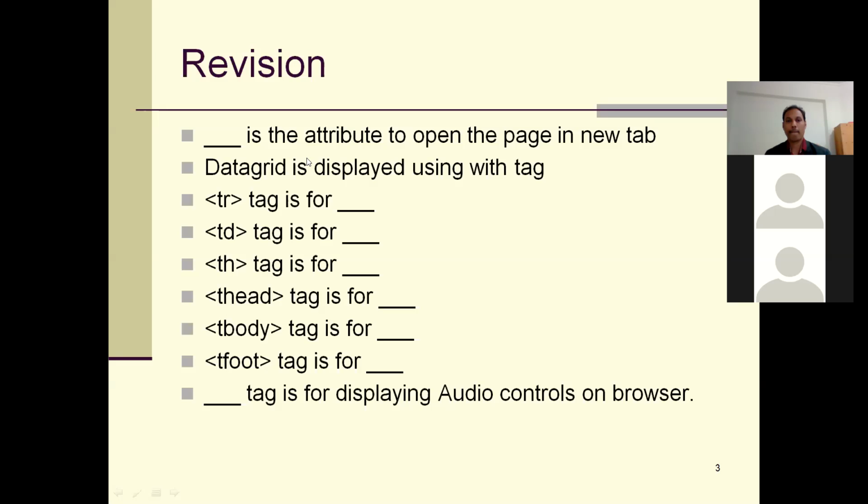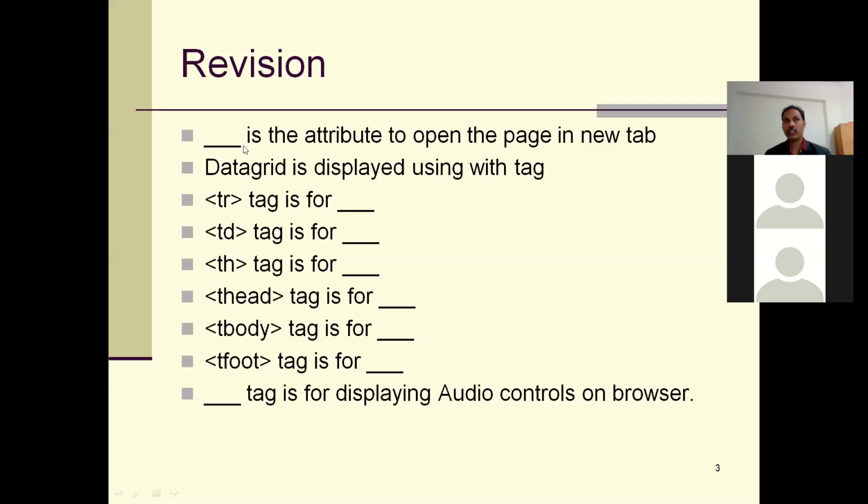Dash is the attribute to open a new page in a new tab. So what attribute is that to open a page in a new tab? Target equals underscore blank. Perfect, amazing. You are perfectly right.